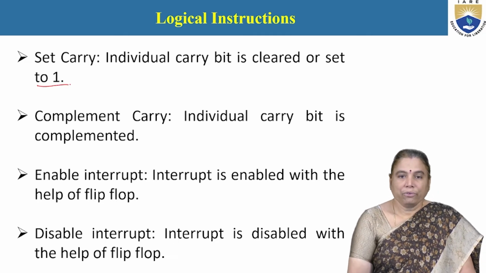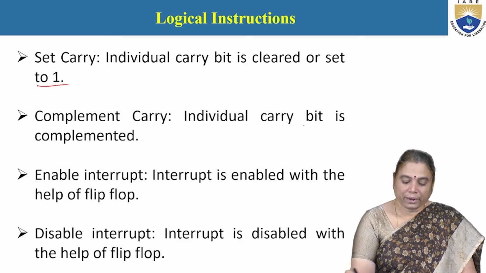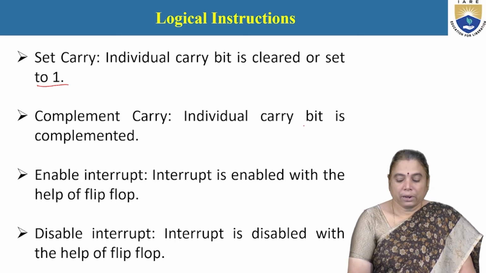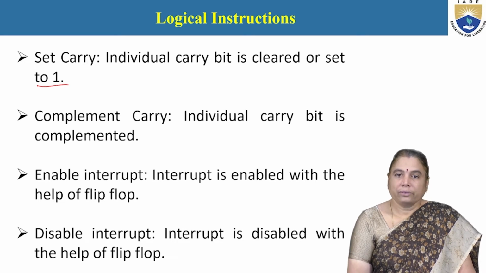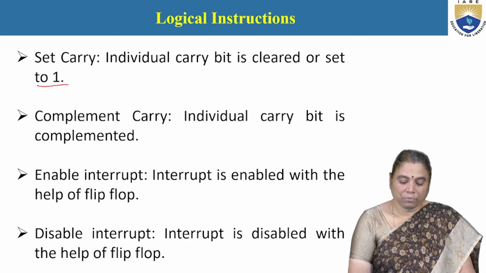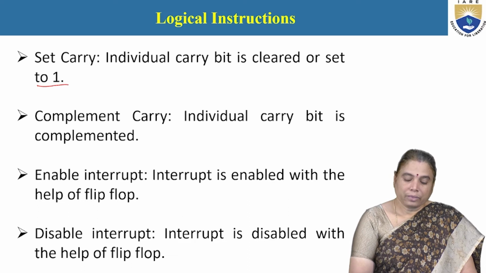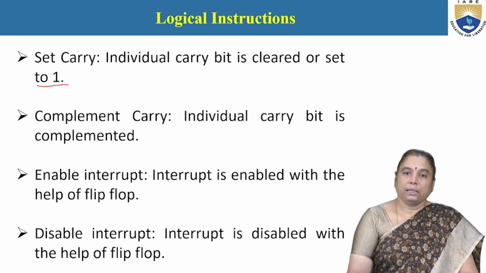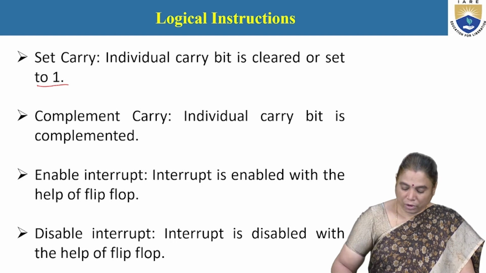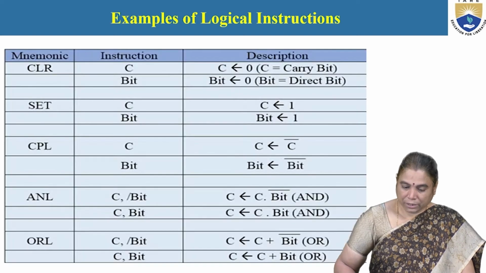Complement carry, the individual carry bit is complemented. Interrupt enable, the interrupt is enabled with the help of a flip-flop. EI is the mnemonic used for this purpose. The interrupt is disabled with the help of the flip-flop. DI is the mnemonic used to disable the interrupt. So all these are various varieties of logical micro operations.